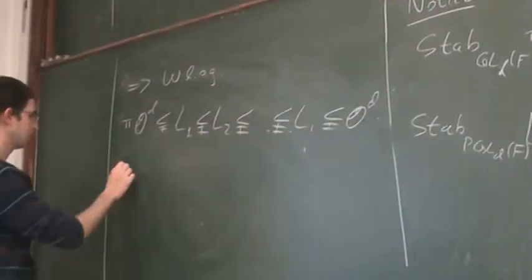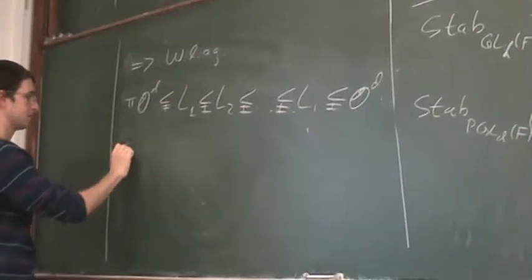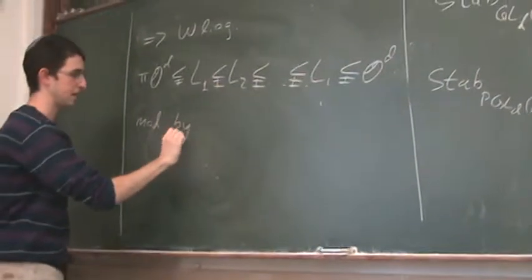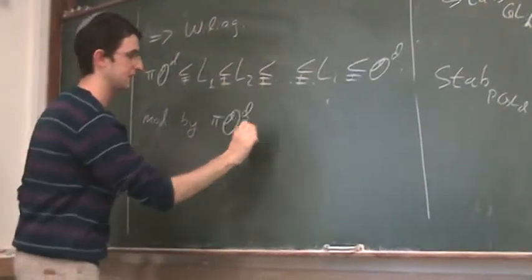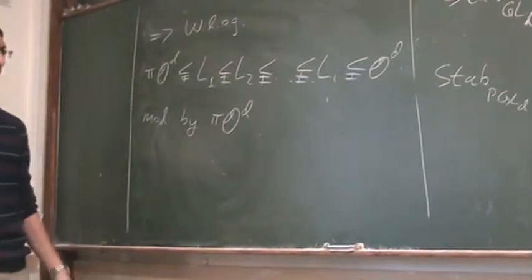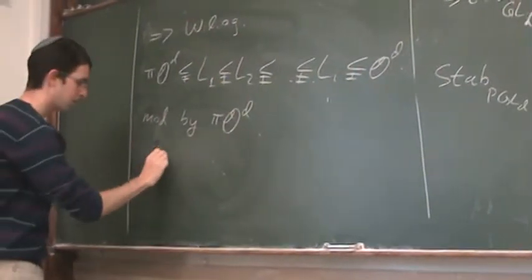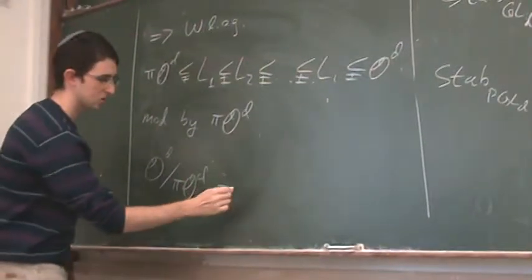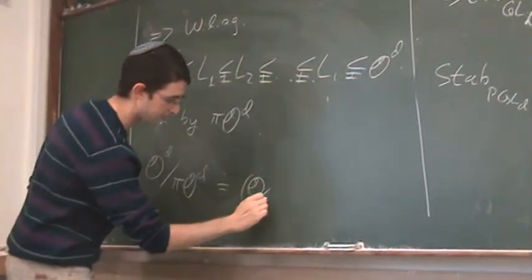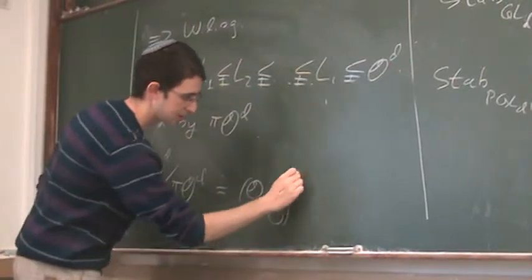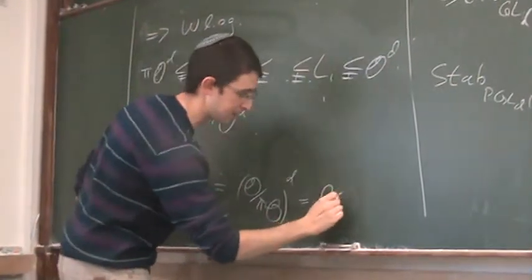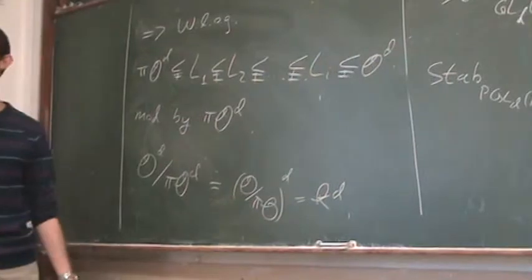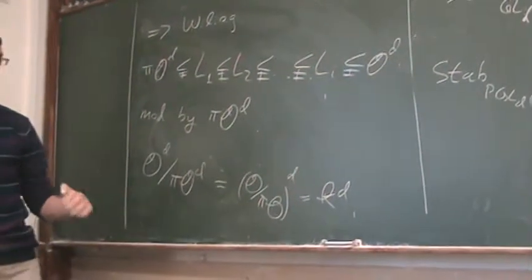So now I could just divide, so mod by pi O to the d. Now, what is O to the d over pi O to the d? This is just O over pi O to the d, which is just our residue field to the d. So it's a d-dimensional vector space.